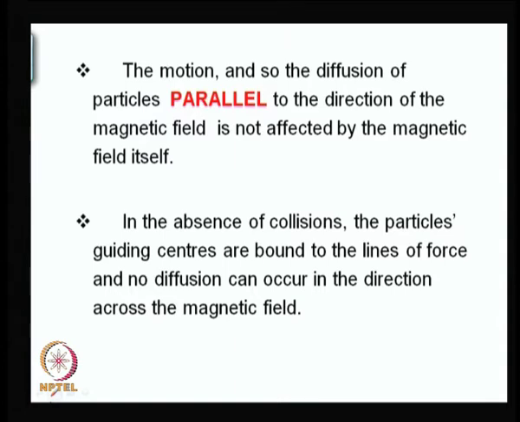In the absence of collisions, the particles move in circles, in a helical path in the magnetic field, and the guiding centers are bound to the lines of force. So, no diffusion occurs in the direction perpendicular to the magnetic field, across the magnetic field.